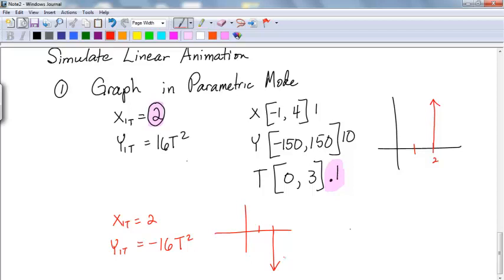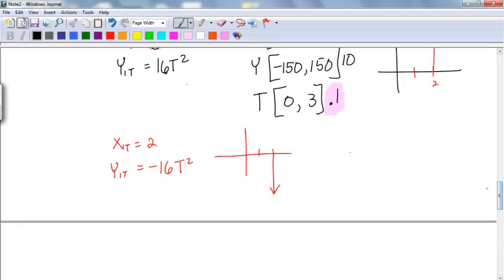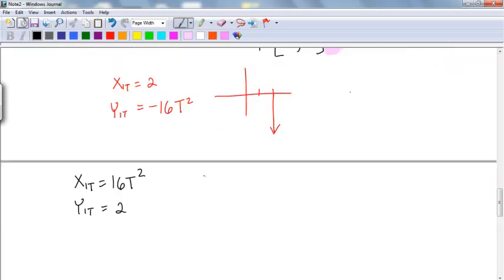Okay, now let's go horizontal. If I want to go horizontal, y equals a number is the horizontal. So if I change it so x sub 1t is 16t squared, and y sub 1t is 2, I'm still going to leave t at 0 to 3.1.